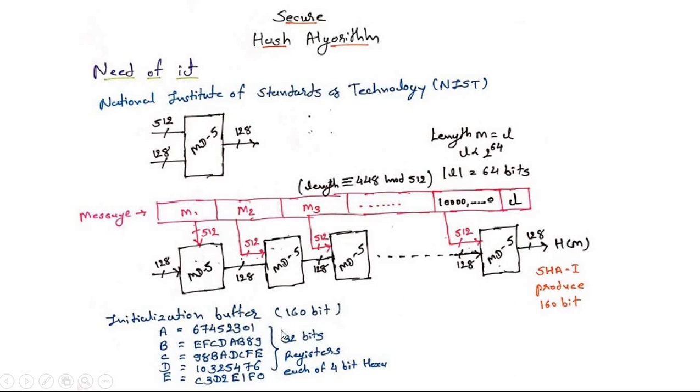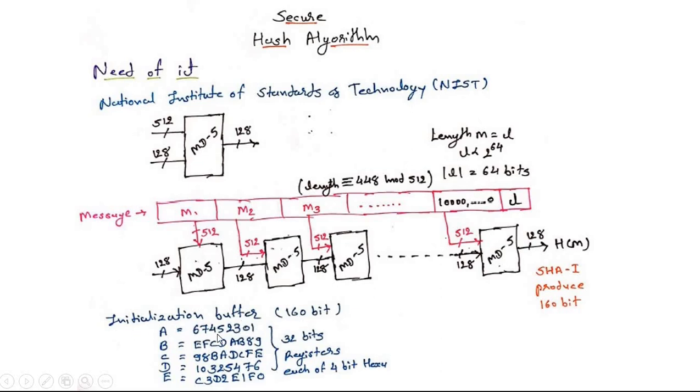Now this 128-bit output is generated by the initialization of the buffer. This initialization buffer uses 160 bits. How are these 160 bits used? They use a total of 5 registers, each register with 32 bits. So if you multiply 32 by 5, you get a total of 160 bits as the initialization buffer.